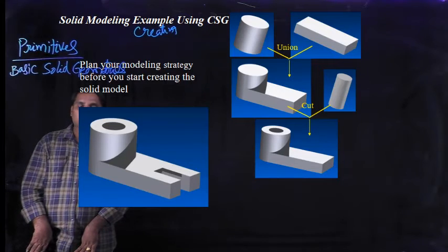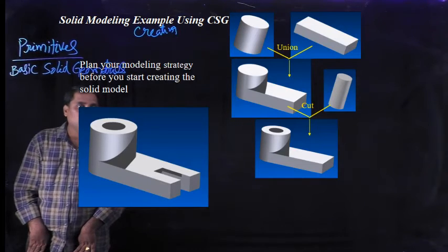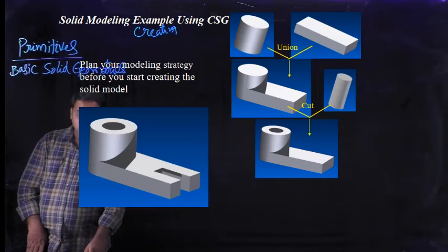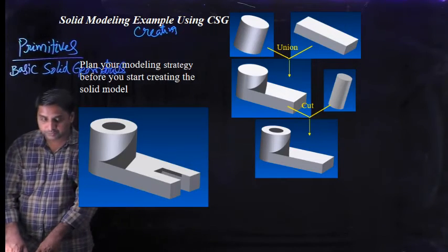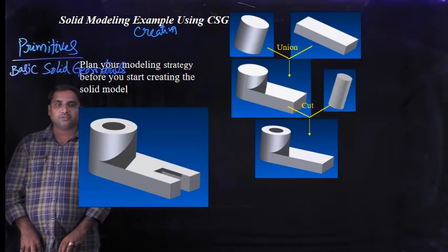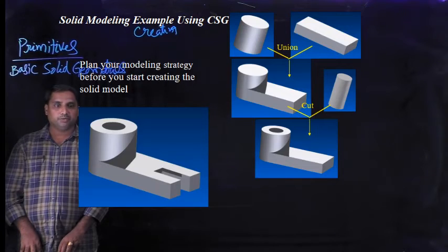From A union B, with another component called C, that C is subtracted from B, the solid cylindrical component. Hence, we will get this component as shown below by using constructive solid geometry.